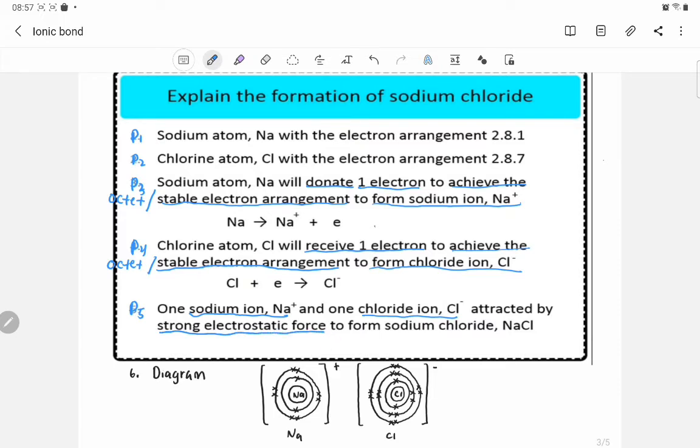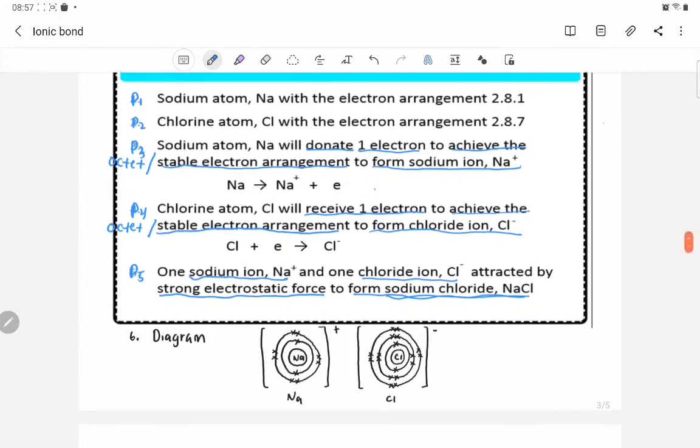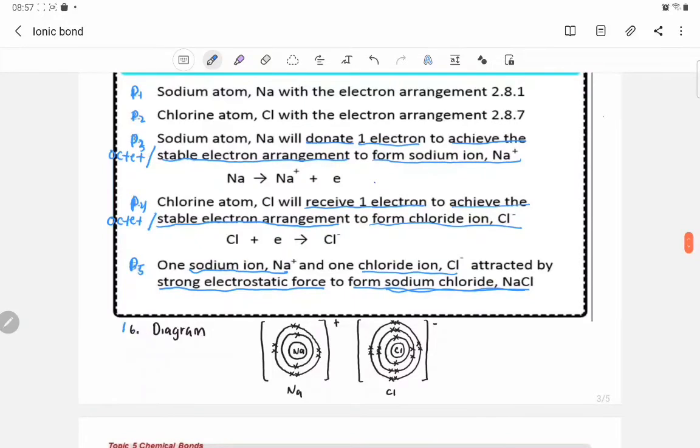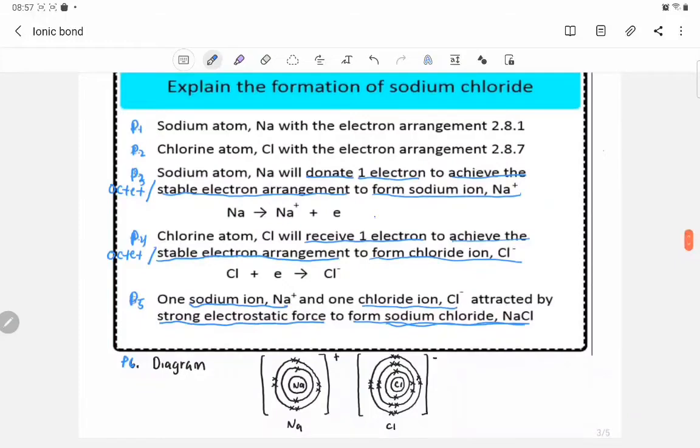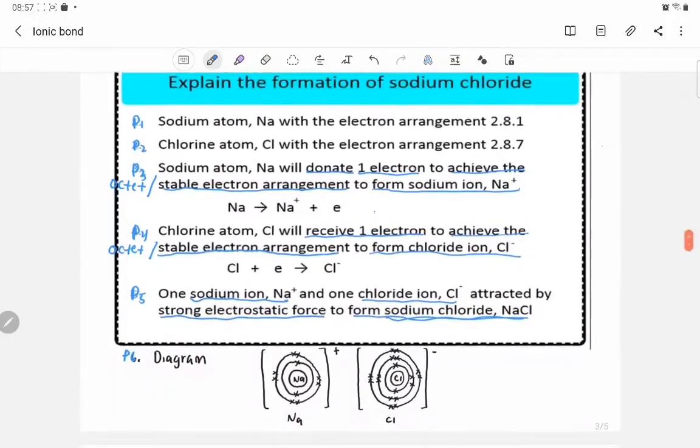And then lastly, we need to mention the compound formed, which is sodium chloride. Okay, so point number 6, the last point, is that we draw the diagram like this. Okay, so these are the compulsory things. We have 6 points here, which are compulsory for us to do when we want to explain the formation of ionic compound.